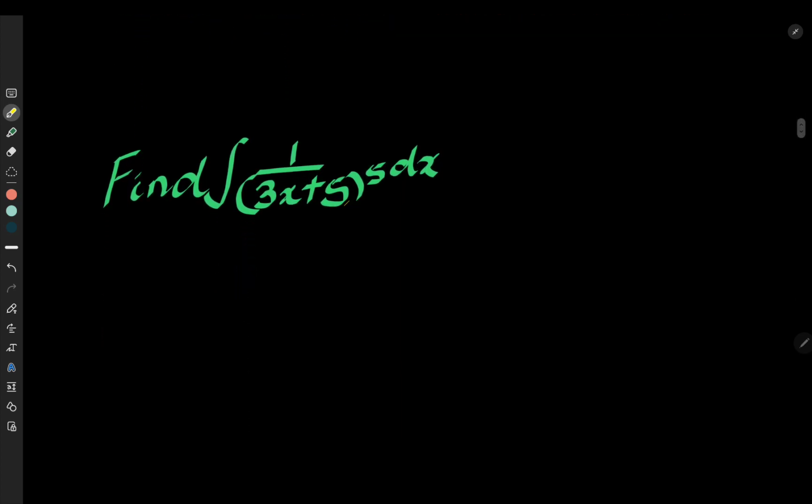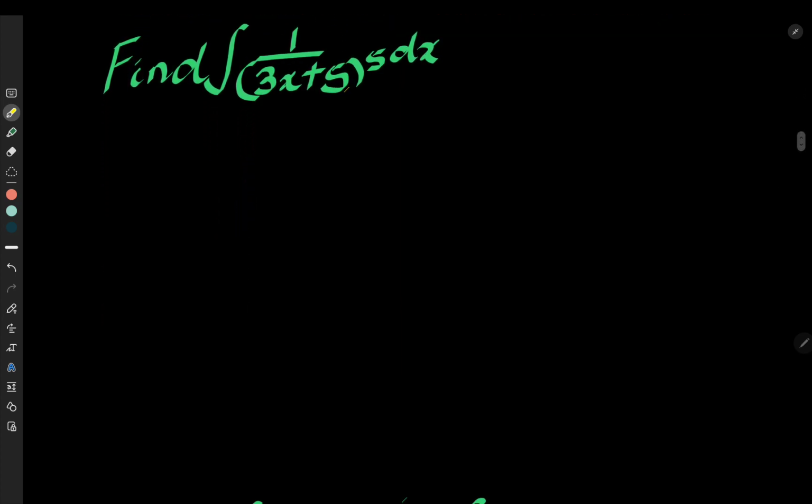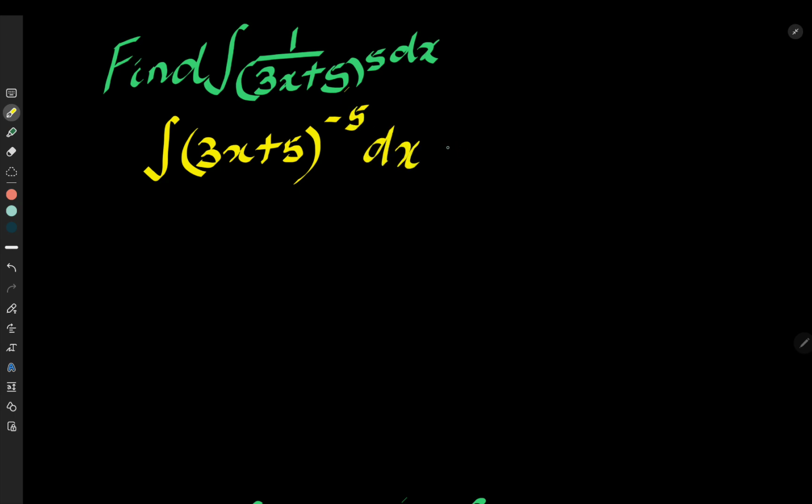Now moving on to the second example. Once again we are asked to integrate 1 divided by (3x + 5)^5. Before you integrate, apply the laws of indices such that 3x + 5 becomes the numerator, and that becomes (3x + 5)^-5 dx. Then you can integrate that.